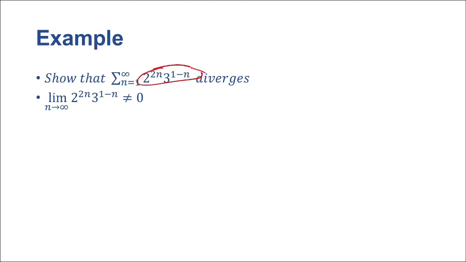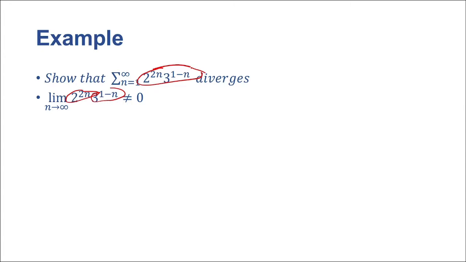If we take the limit as n approaches infinity of 2 to the 2n times 3 to the 1 minus n, it's obvious that this is going to shoot up. It's not going to be 0 because we are raising this to a positive power, we're raising this to a positive power, and they're multiplied together. So this is going to grow up like crazy.